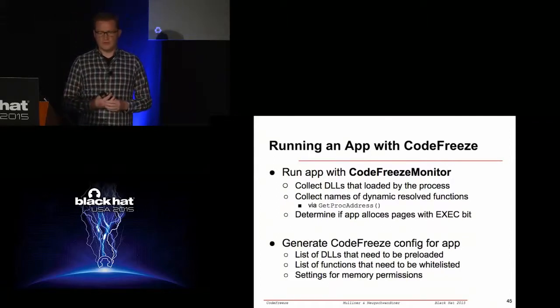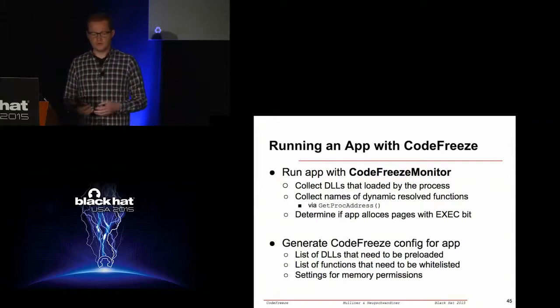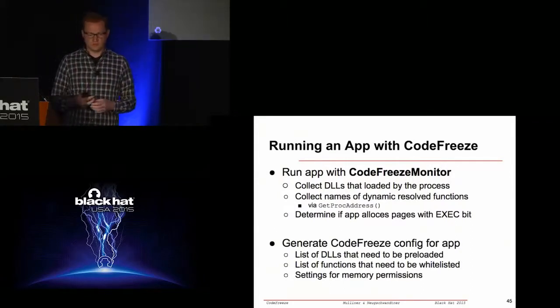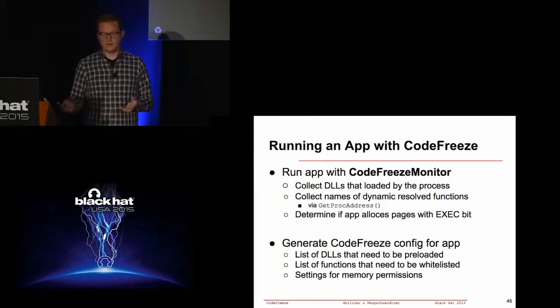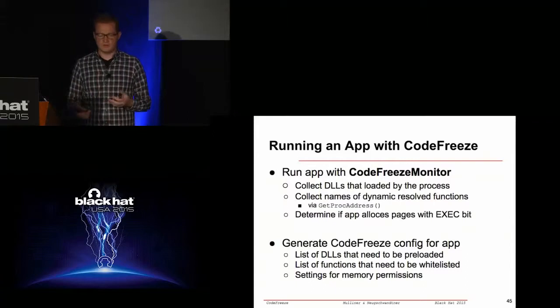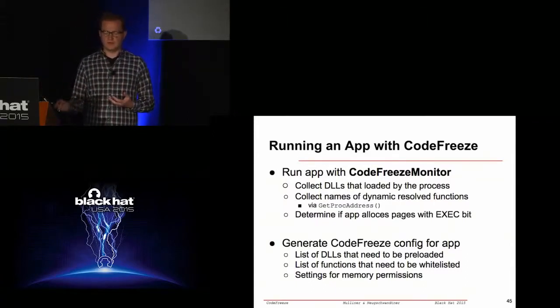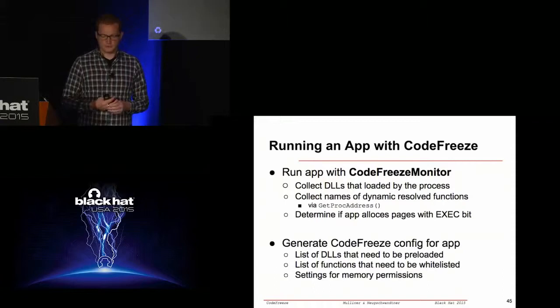Before you can run an application with the code freeze enforcement module, you have to run the application with what we call the code freeze monitor. Basically, it's another DLL that we inject into the program, which collects names of DLLs that are dynamically loaded. It will find all the functions that are used via GetProcAddress.